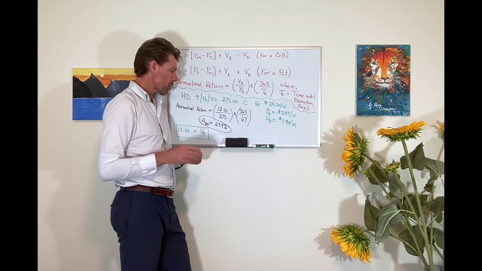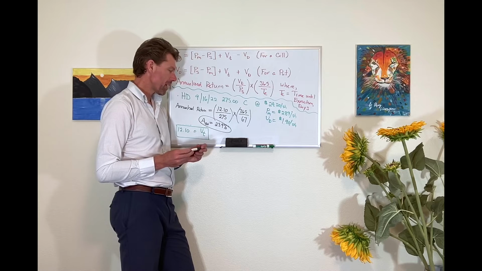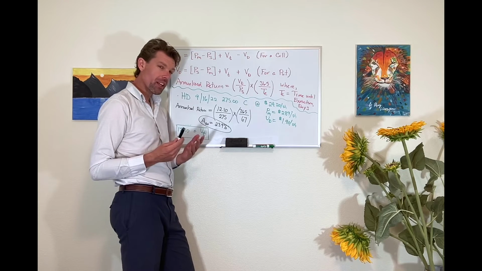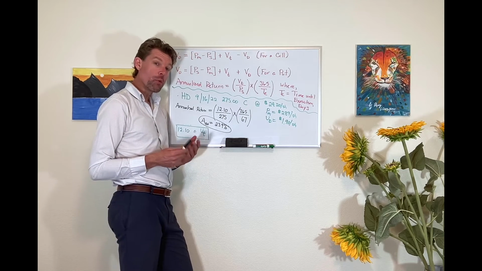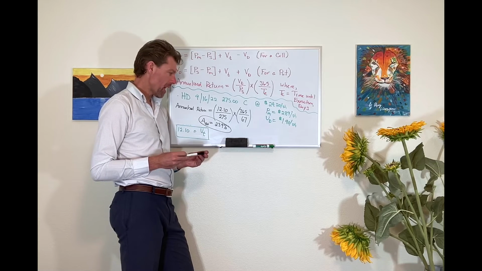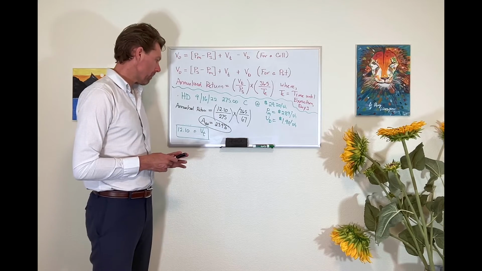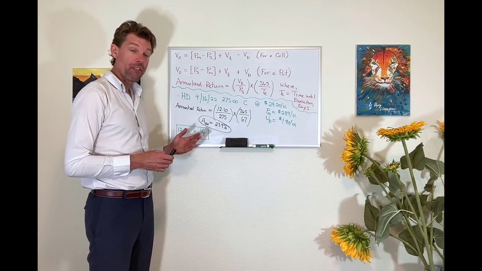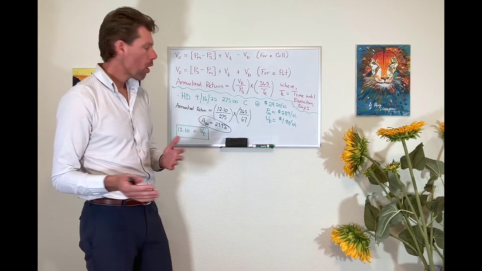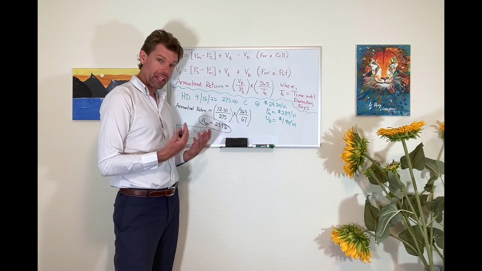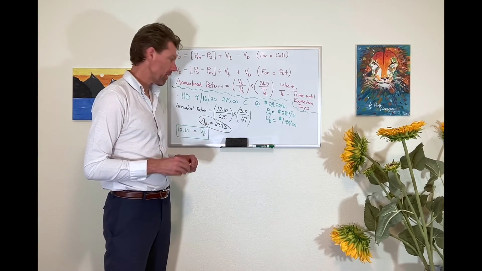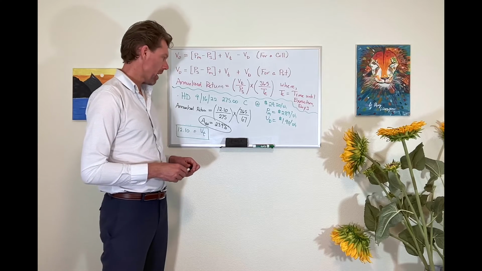And so the return is 23.9%. If you were selling this as a covered call, you would be earning 23.9%. This again is a way of diagnosing the cost from the buyer's perspective, or a return or a gain from the seller's perspective on this option contract.